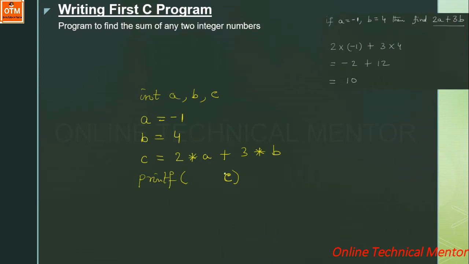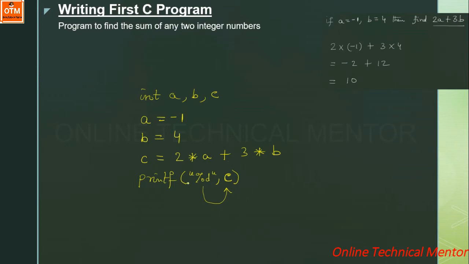Now to print the value of an integer variable, we have to write %d. This is called a format specifier in C programming language. This is nothing but a symbolic representation to print an integer. So when printf encounters a %d within double quotes, it will find an integer variable outside the double quotes, and the value of c will be printed in place of %d.